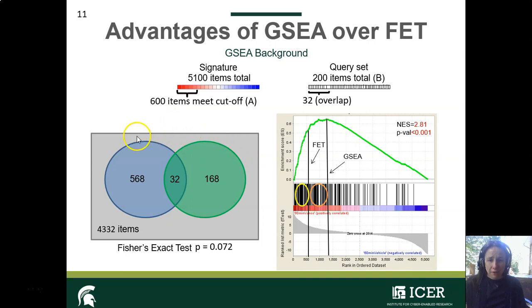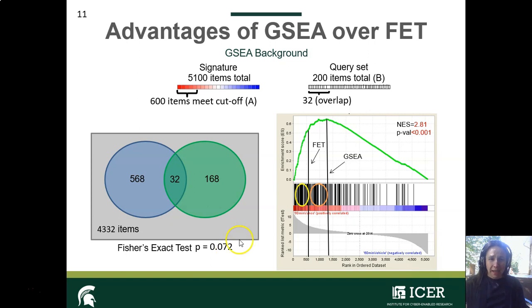If I run Fisher's exact test on this particular condition, I actually will not achieve statistical significance. My p-value is greater than 0.05. And as a result, I will say that there is no enrichment. I will then reject my null hypothesis.